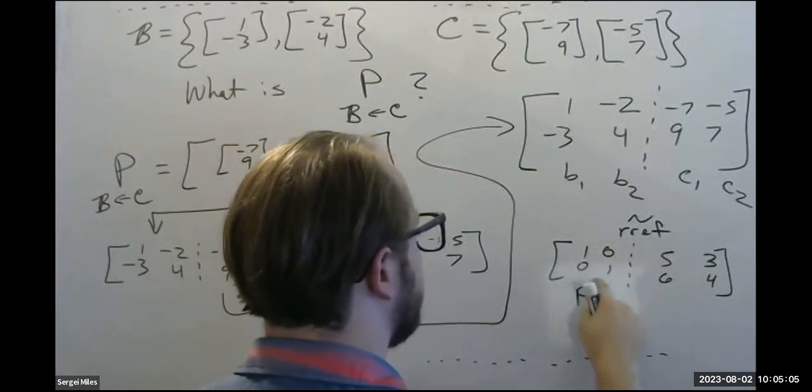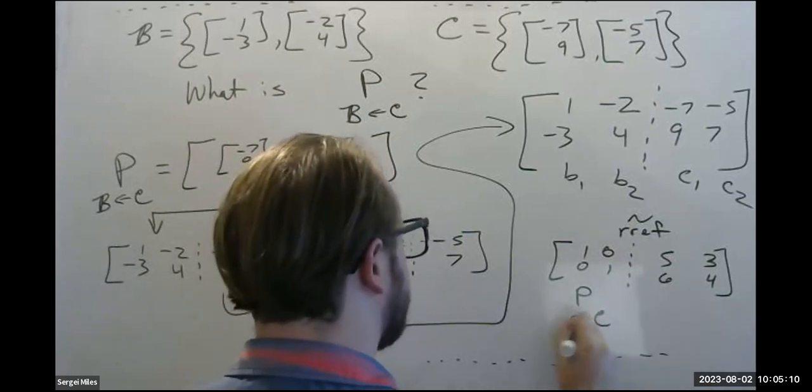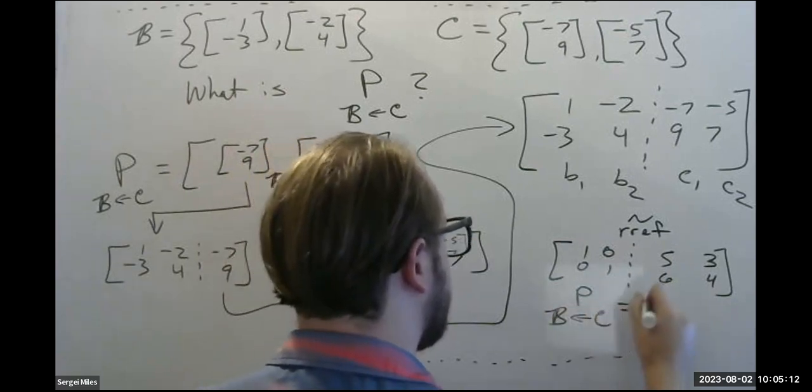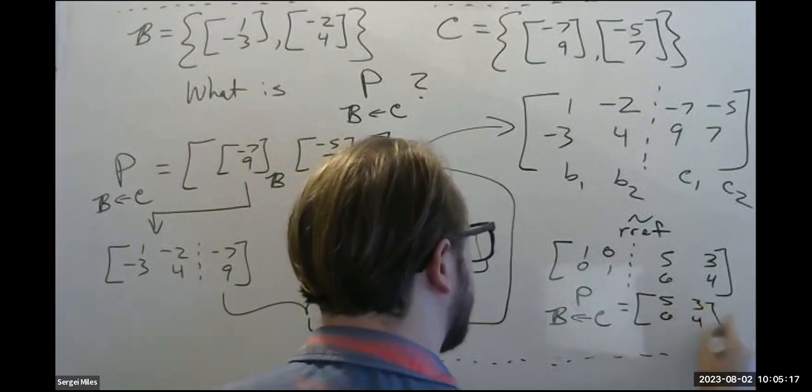Because when you row reduce to the echelon format, your answer is in the equals column. So this is the matrix that we're looking for.